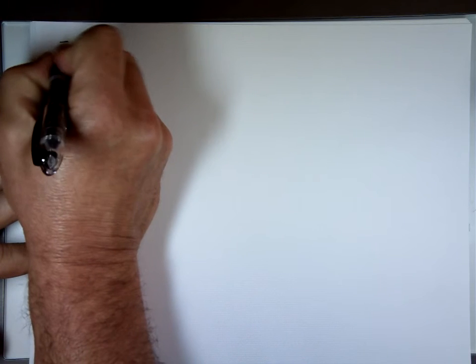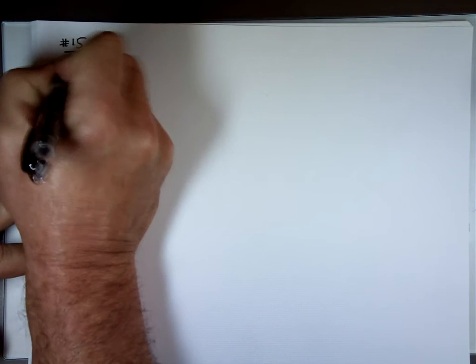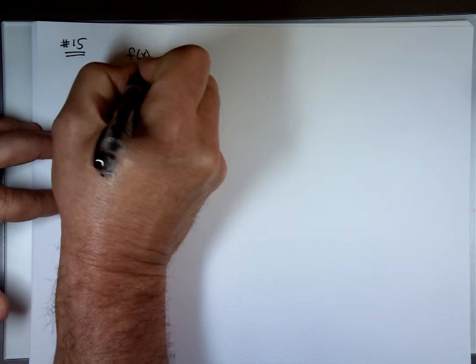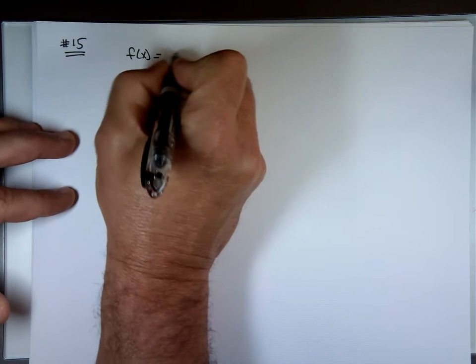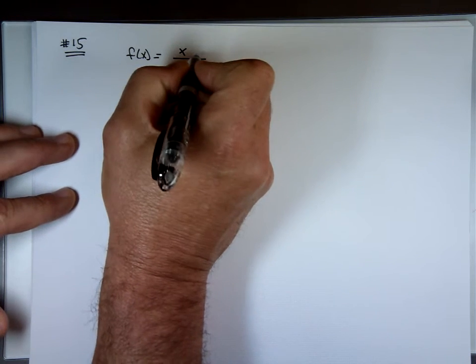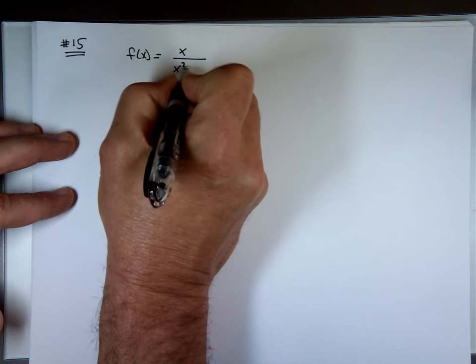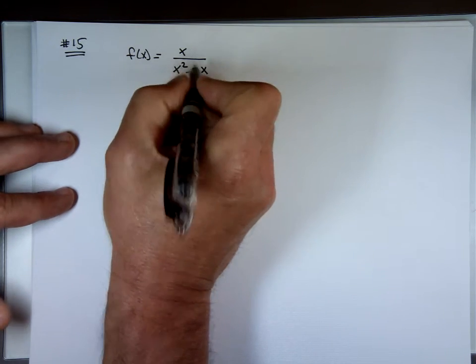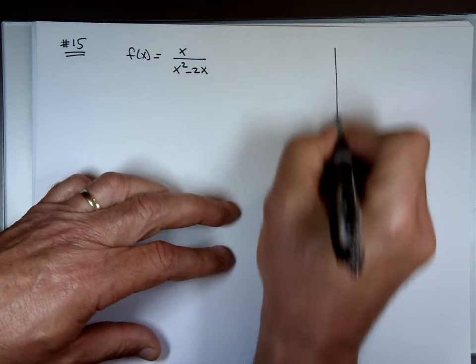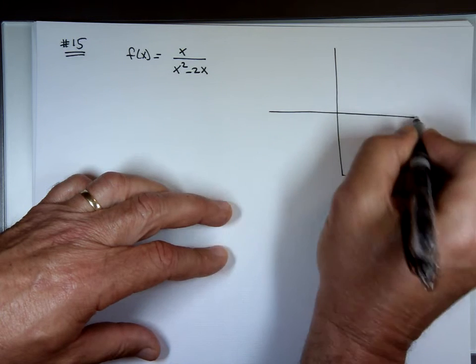Let's look at 15. We have f of x equals x over x squared minus 2x. And they give us the graph for it, actually. The graph was given, so I don't have to work hard for it.